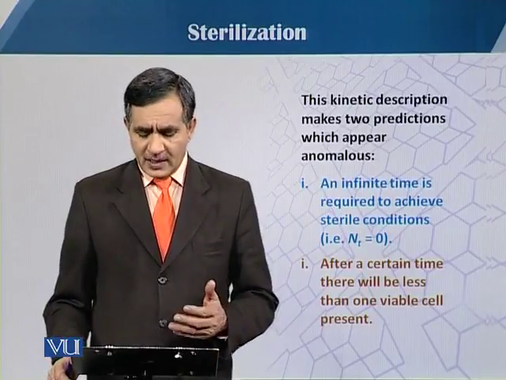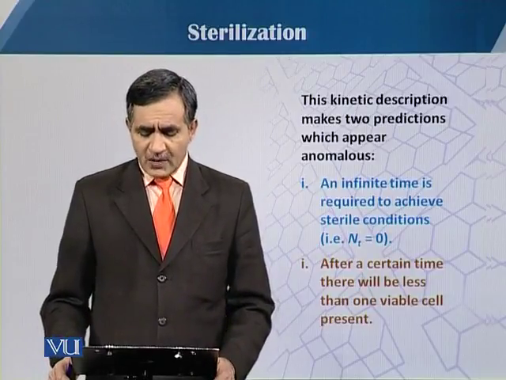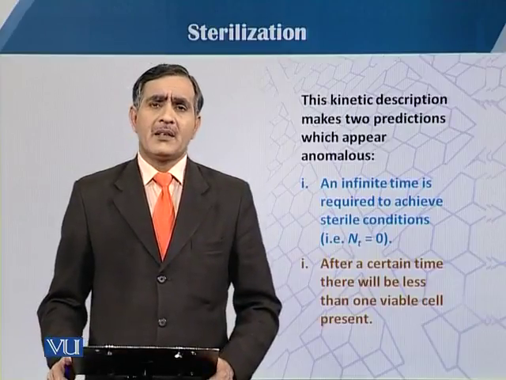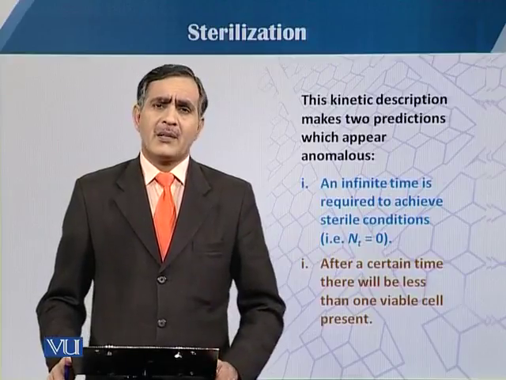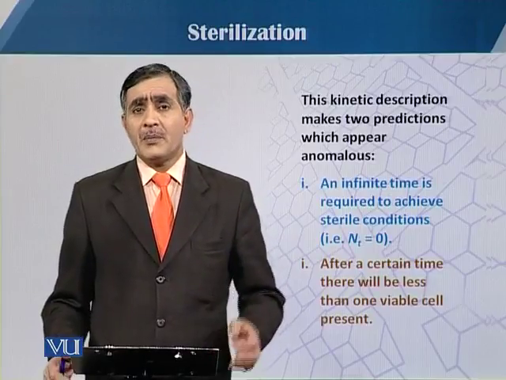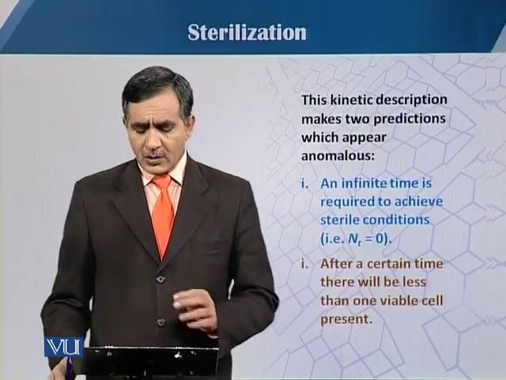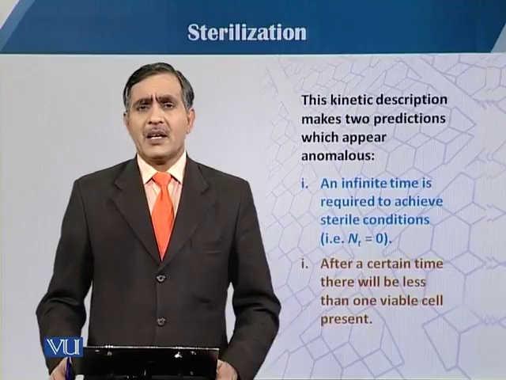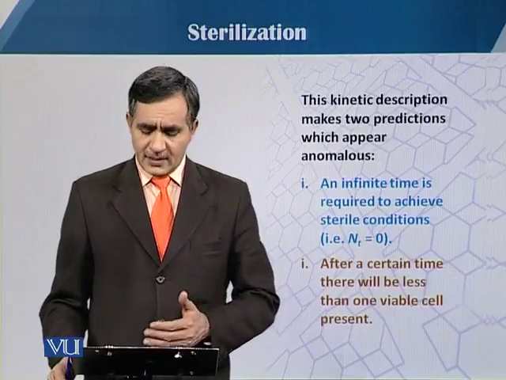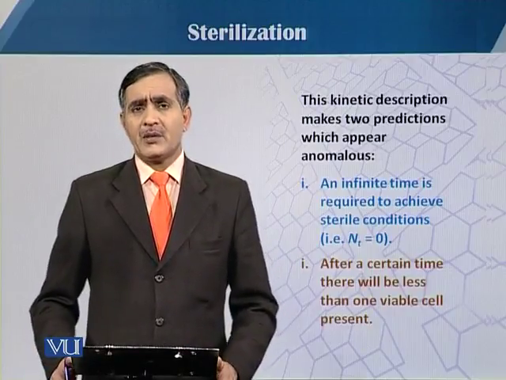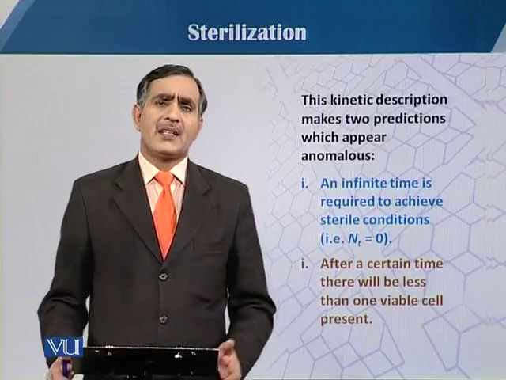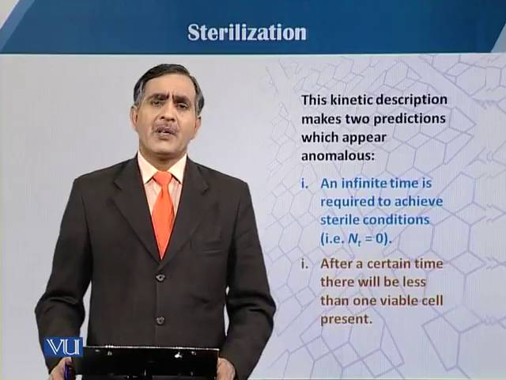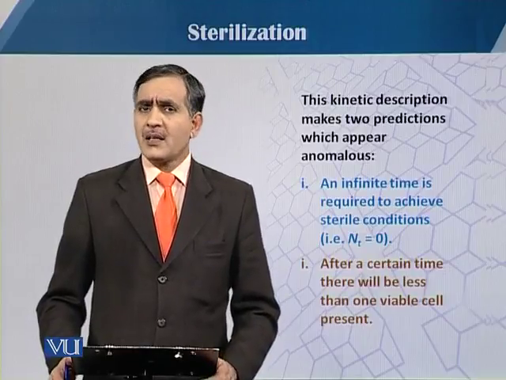After a certain time, there will be less than one viable cell, but at that time, there will be no viable cells. So by this sterilization kinetics, we can say that such a thing happens theoretically. When there are zero cells, then we can assure that our process is sterilized.